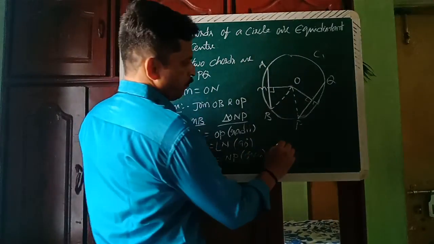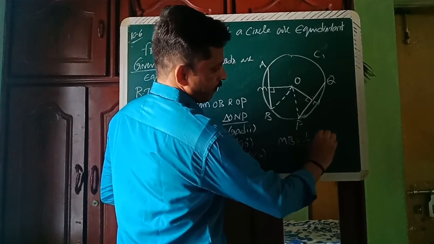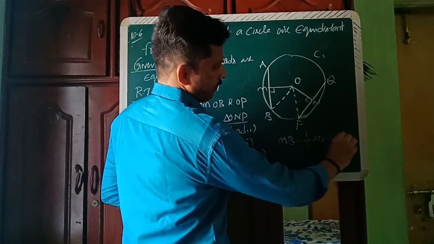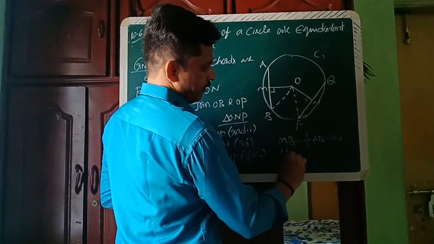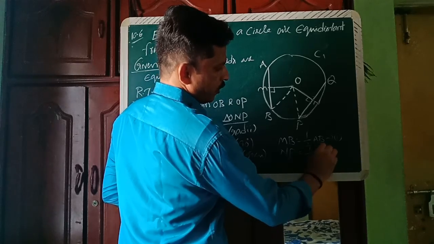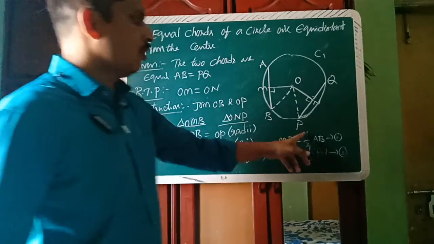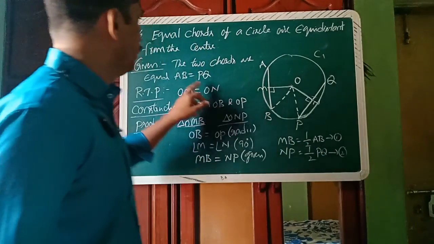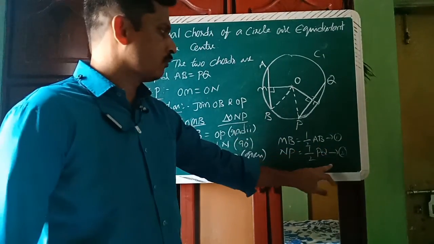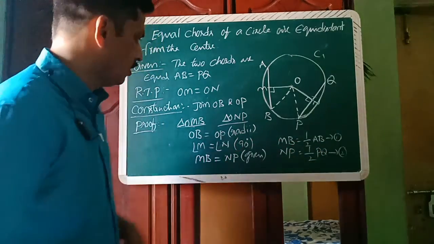So here MB is equal to half of AB, equation 1, and NP is also half of PQ, equation 2. From 1 and 2, the halves get cancelled, AB is equal to PQ. So from this, if LHS and RHS are equal, therefore LHS is also equal.